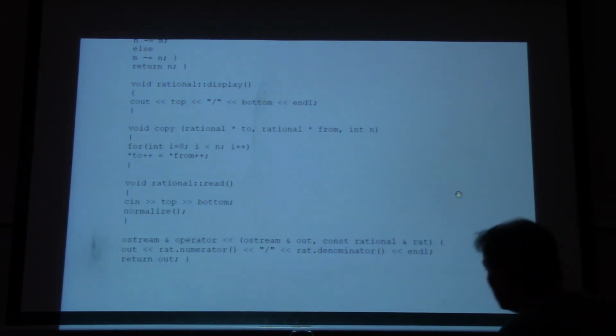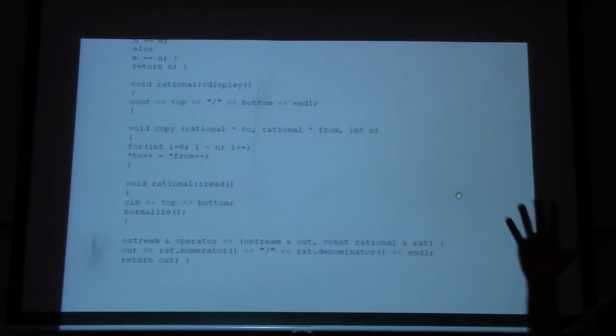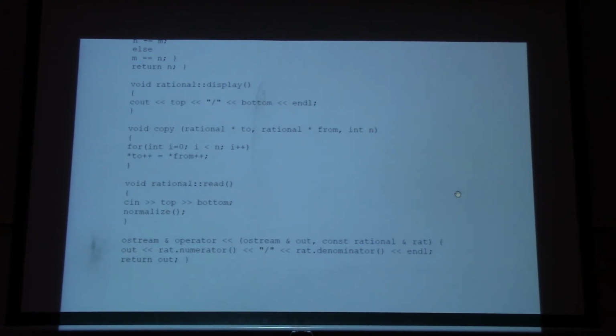What if you sent this by value and you returned it by value? Then again, you have a copy of cout in out. Out makes changes in its state as it outputs more stuff. It keeps track of how many bytes it's written, where it is in the stream. And then you're returning it.